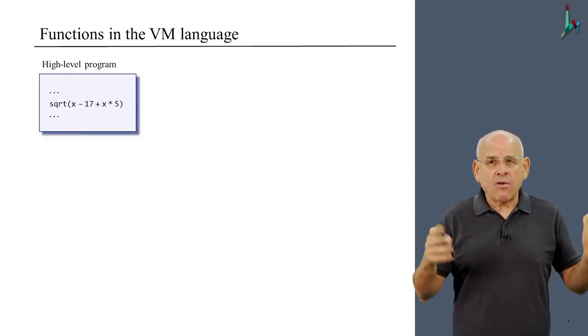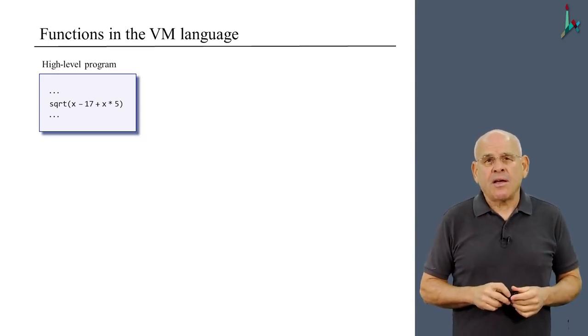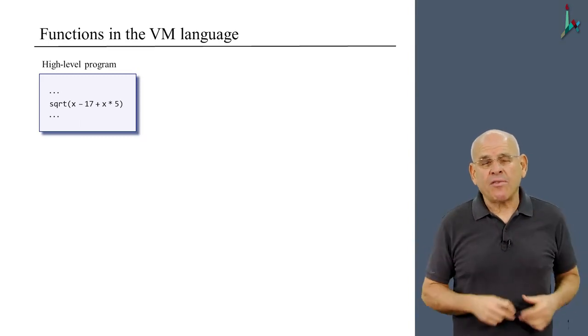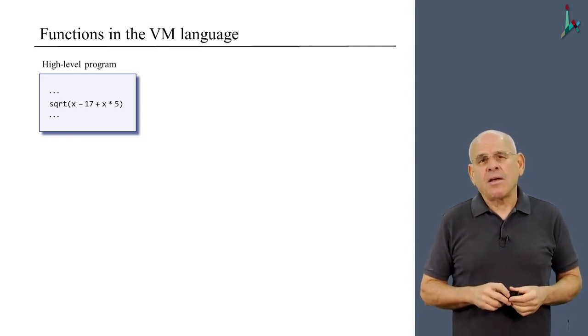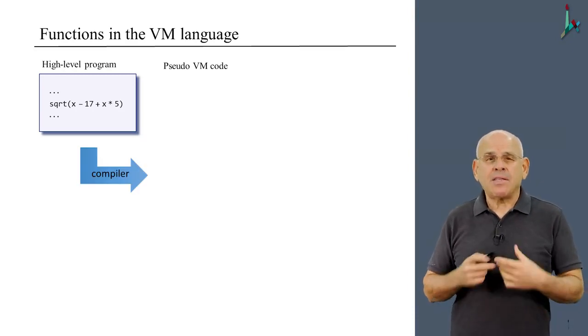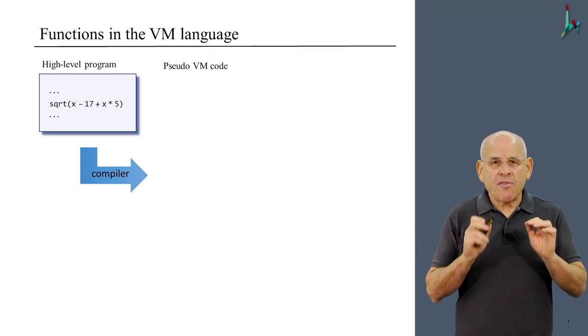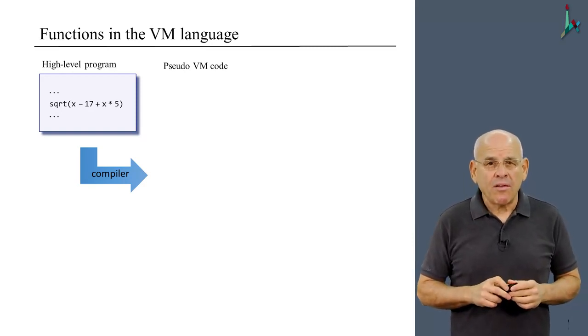The high-level code may say something like square root of a certain value, which is the result of evaluating this algebraic expression. And when the compiler is asked to translate this code, it will produce the following pseudo VM code.